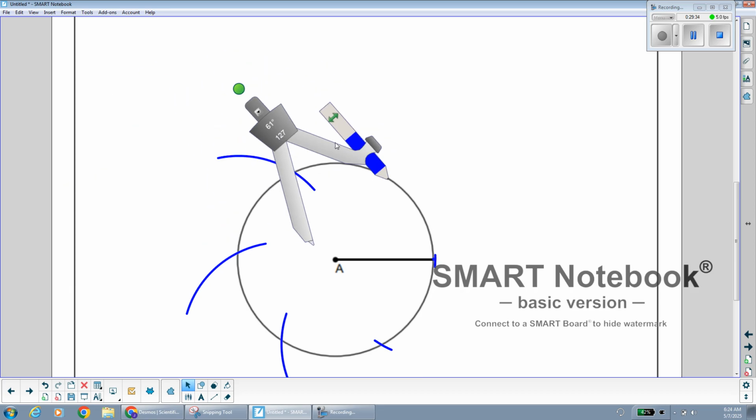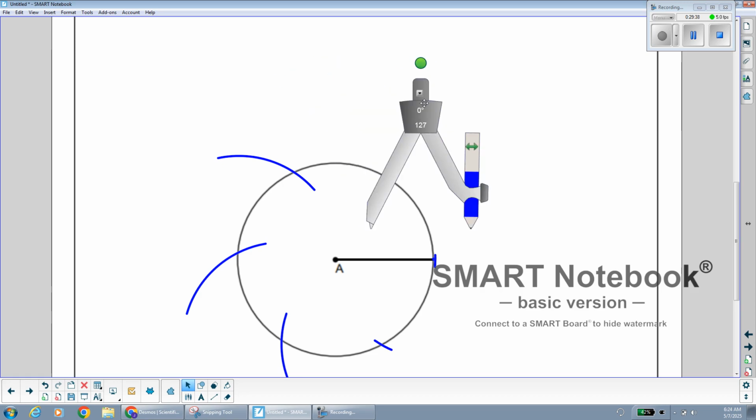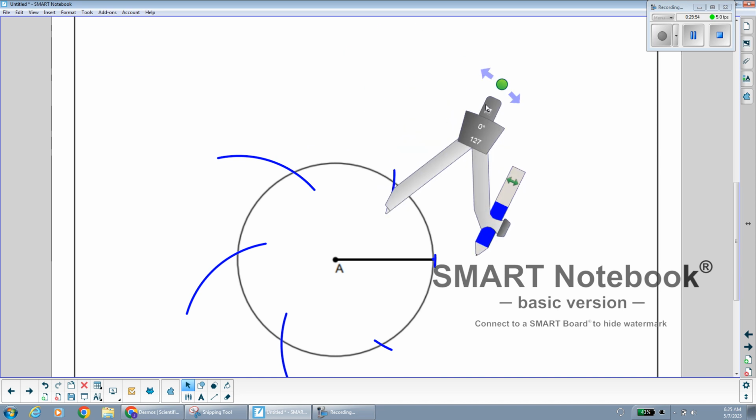And you should end up with 6 equally spaced arcs. And if you did this correctly, the last arc should bring you back to where you started.